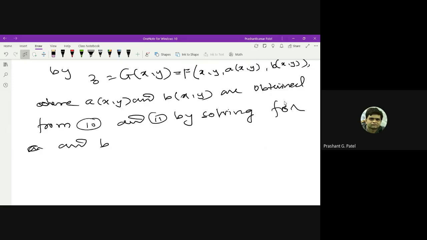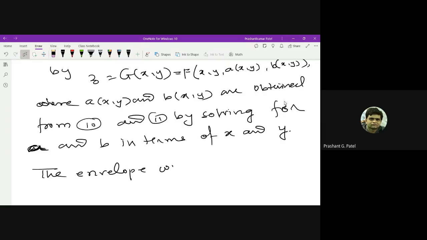So we have to solve equations 10 and 11 for a and b in terms of x and y. The envelope will satisfy the given partial differential equation.